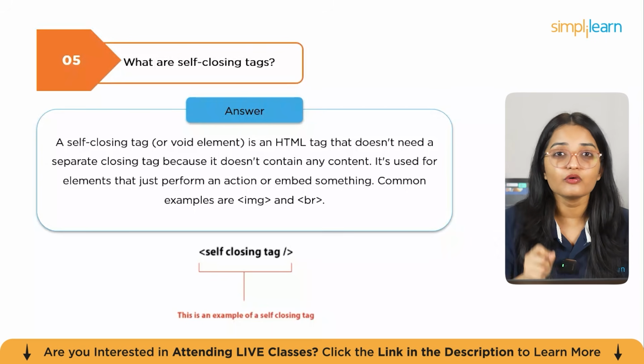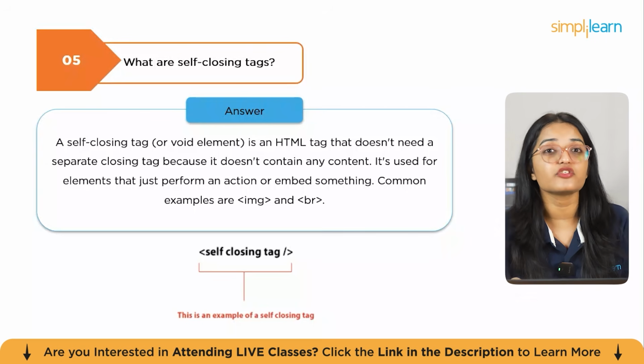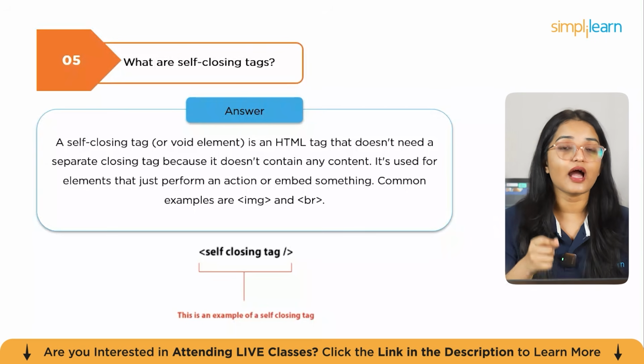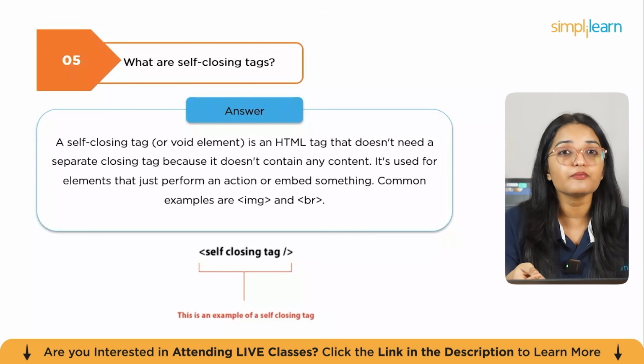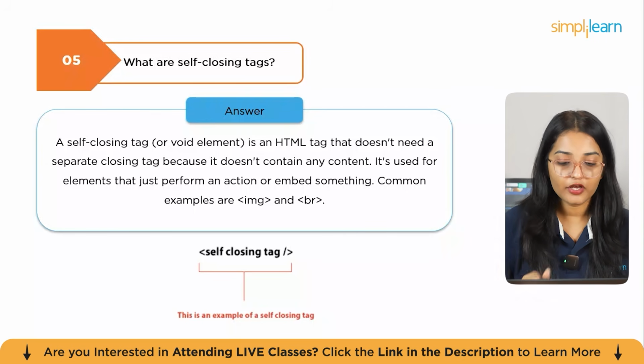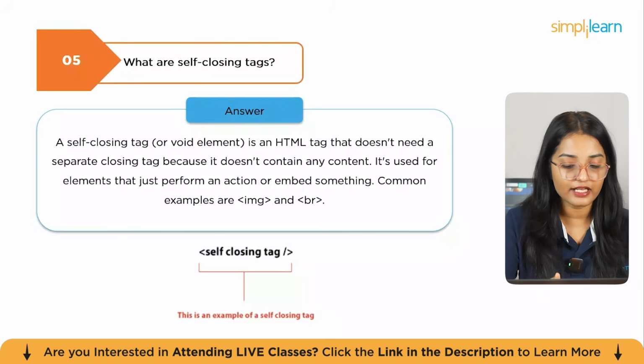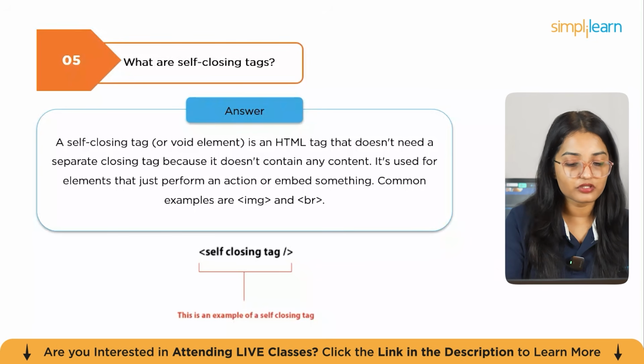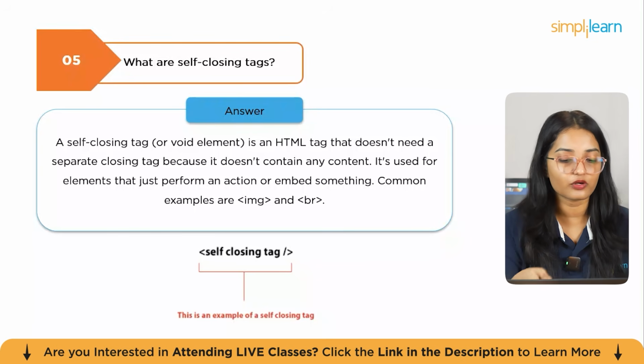Common examples include br, line break, hr, which is the horizontal rule, img, which is the image, and input, which is the input field. Here we also have an example of a self-closing tag, which is also mentioned in brackets with a backslash.